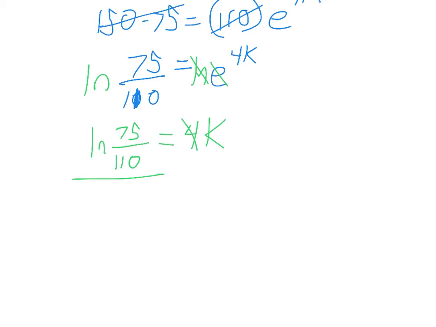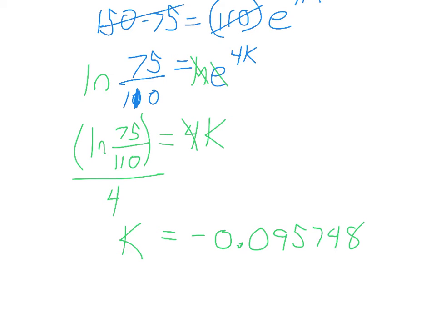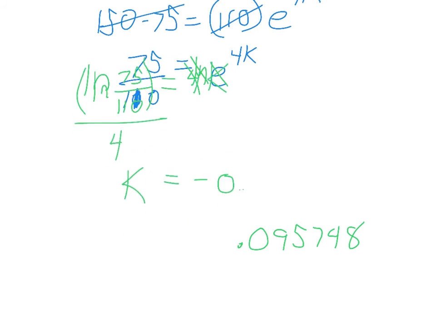If I divide this whole thing by 4, I can get K. Now I'm going to go to my calculator, punch all of that in, and I end up with negative 0.09574 8, and that's probably enough. Later on I'm going to round this to 3 decimal places, but right now this is pretty good.